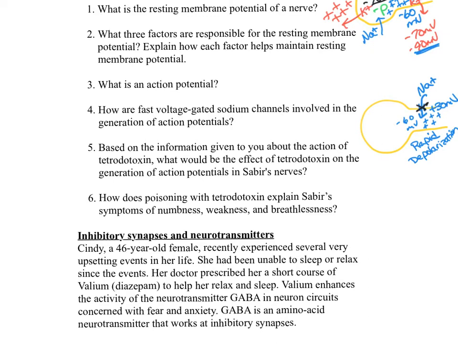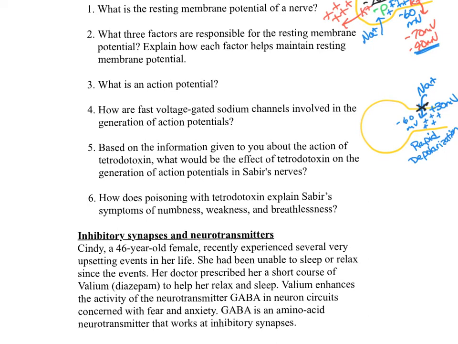The last question then says, how does poisoning with tetrodotoxin explain Sabir's symptoms of numbness, weakness, and breathlessness? Well, since the generation of action potentials could not occur in Sabir's nerves because of this poison, then any signal would be inhibited in those neurons.